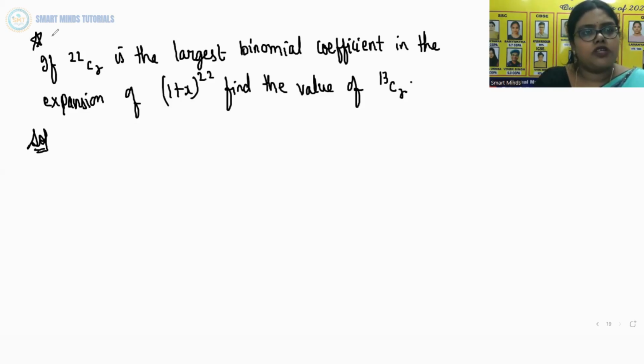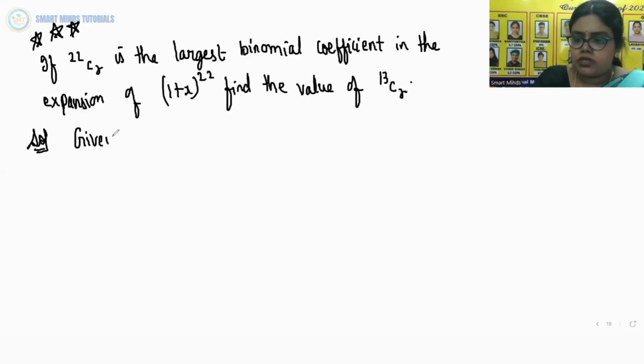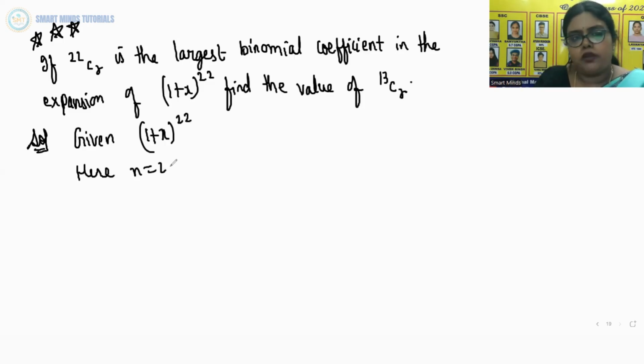Now take this question. This is very, very important. If 22CR is the largest binomial coefficient in the expansion of (1 plus x) whole power 22, then find the value of 13CR. So what is given to us? (1 plus x) whole power 22 is given. So here n is equal to 22, which is an even integer.